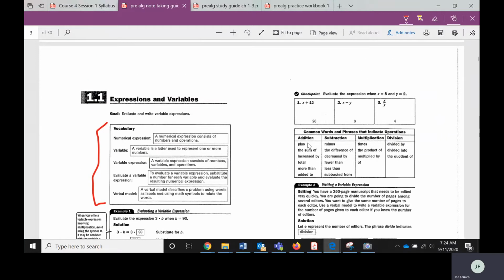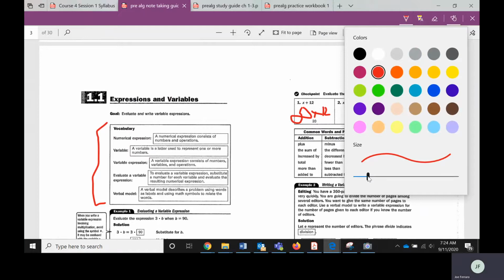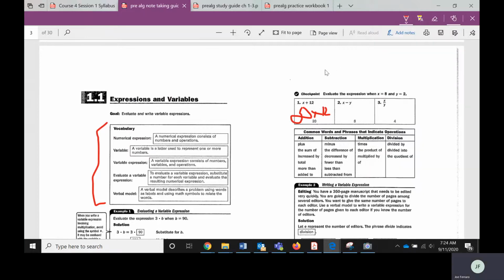Okay, so some little examples here. It says evaluate the expression. X is 8 and y is 2. I'll try to do my best on writing here. Whoa, that's not good. I think I'm going to move it smaller a little bit. Okay, so 8 plus 12 gives you 20. Here, just make sure you do it in the correct order, because this could be wrong if you do it in the wrong order.